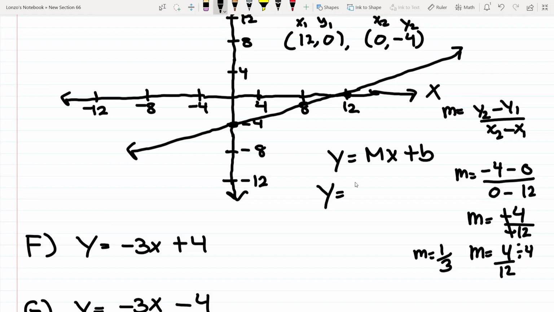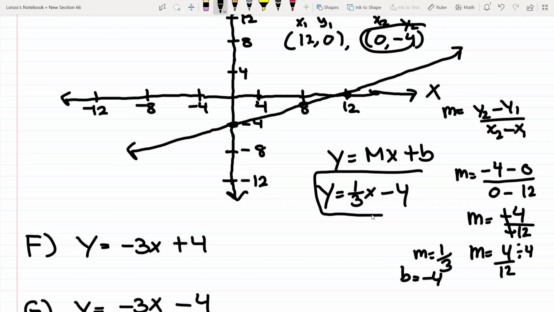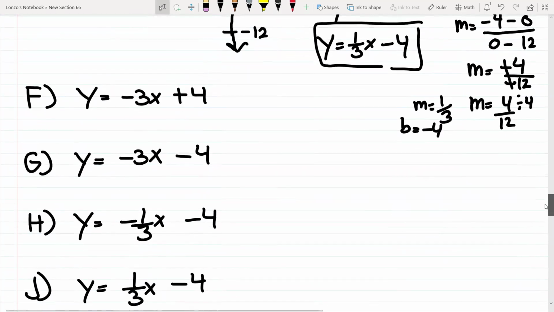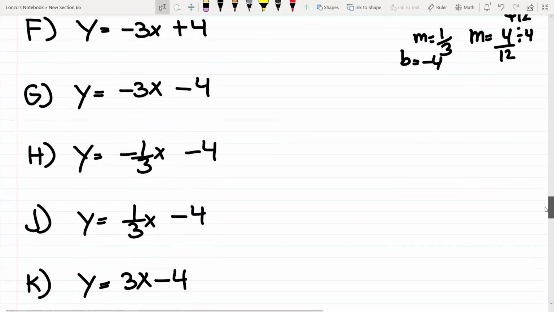So it's going to be y equals 1/3 x, and then do we have our b? This time we do, because one of our coordinates has an x value of 0. So my b is going to be -4. So that letter would be J, right? 1/3 x minus 4.